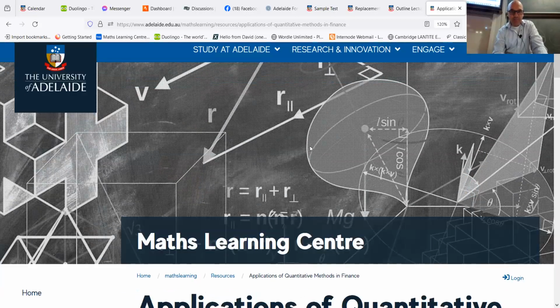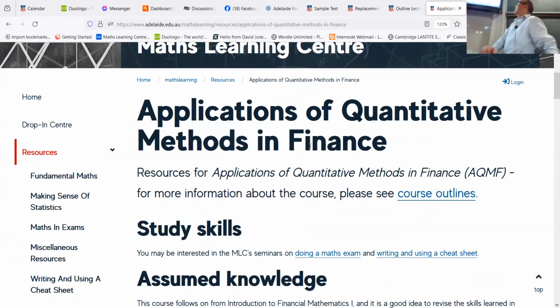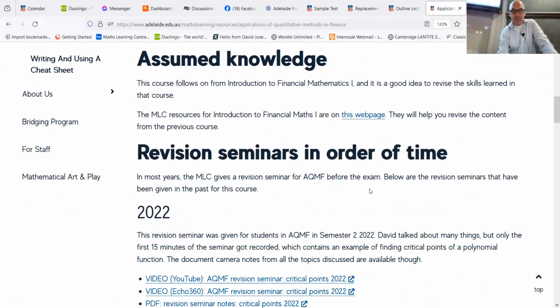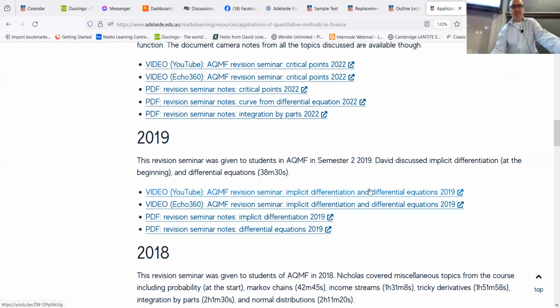This is the Mass Learning Center website, and I've gone to the Application of Quantitative Methods resource page. There's a bit of stuff about our various revision seminars. You'll notice that from last year, David did a seminar on critical points, curves from differential equations, and integration by parts.